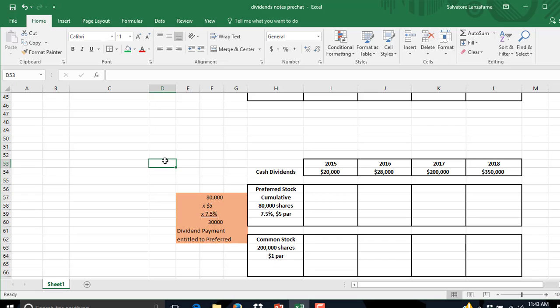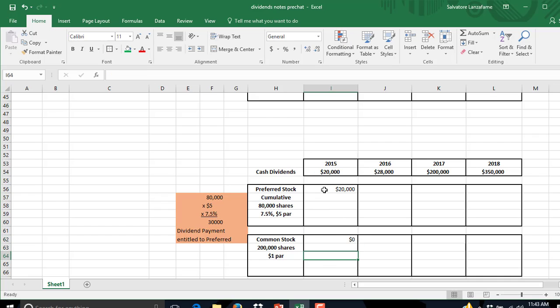Okay, what that means is that even though the corporation doesn't have the money to pay preferred, as soon as they do have the money, they will pay preferred back. So in this first year, preferred gets their $20,000, even though they're entitled to 30, right? Common still gets shut out at 0.